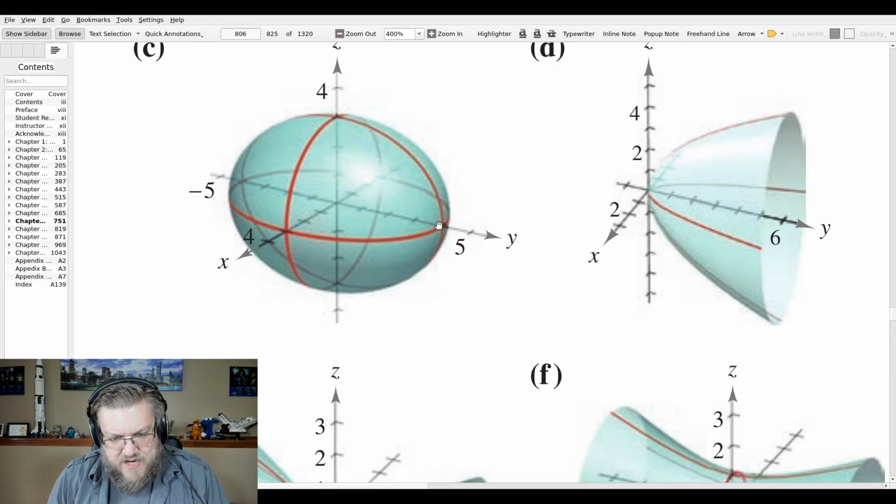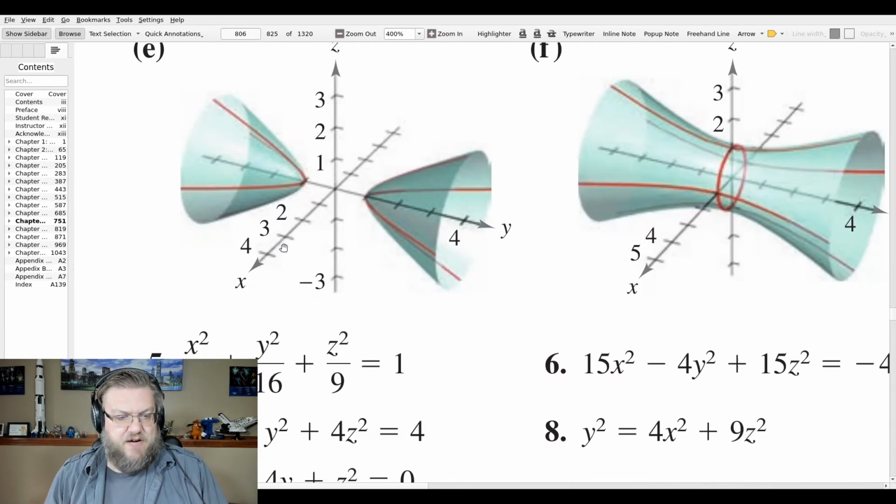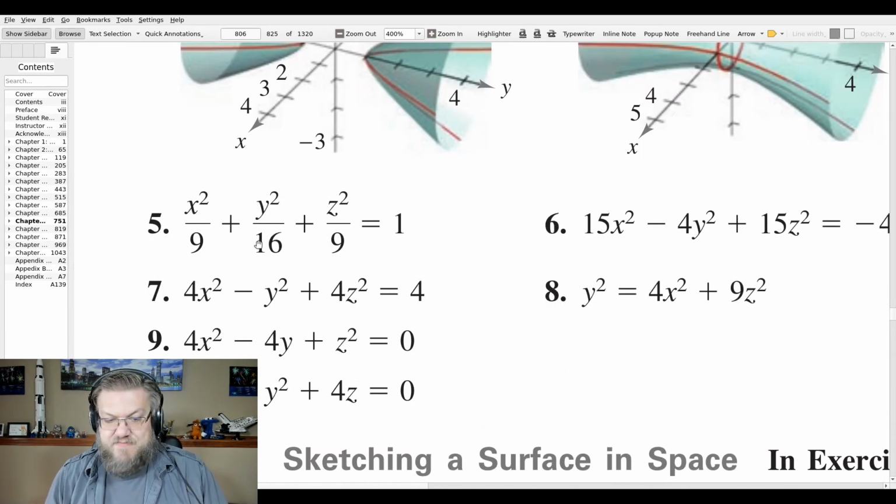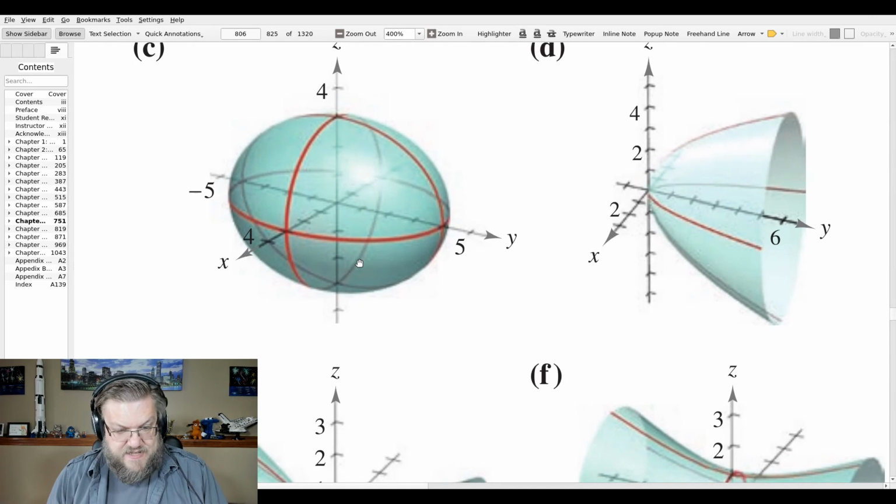That's the maximum y could be. And the minimum y can be is back here, 1, 2, 3, 4. And that's governed by the 16. The x and the z are stuck between 3 and -3. You can see it easily here in this vertical. See how it goes 1, 2, 3 units up, 1, 2, 3 units down. And in the x sense, it goes 1, 2, 3, right there.